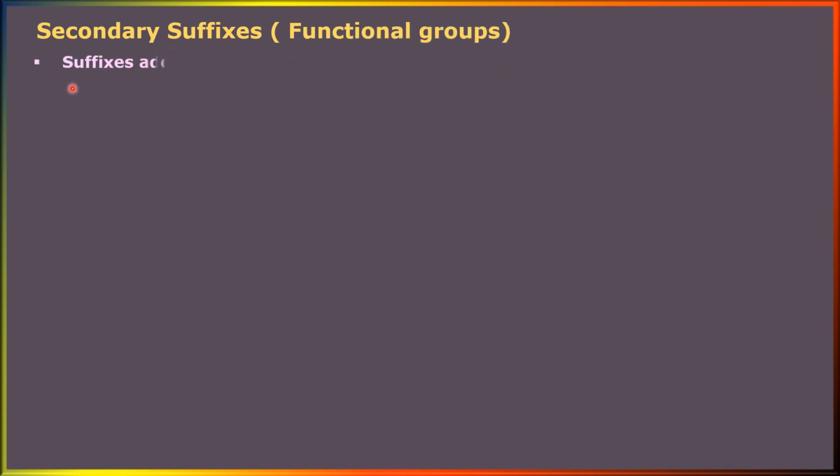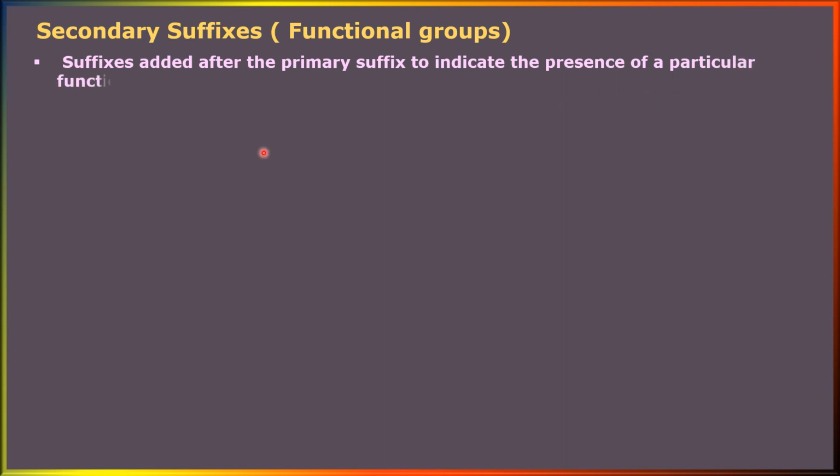Now let us look at the functional groups which are shown as the secondary suffixes. Suffixes added after the primary suffix to indicate the presence of a particular functional group in the carbon chain are known as secondary suffixes.